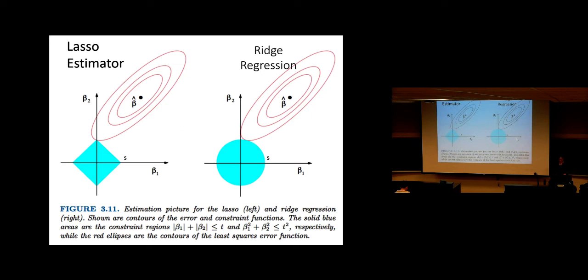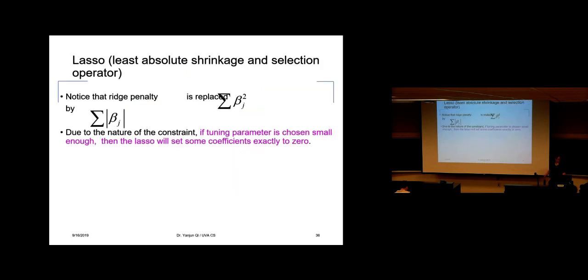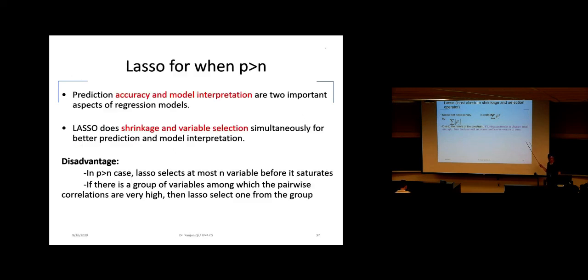With a good tuning parameter on the lasso, you can push some of the beta coefficients to 0. That gives the feature selection functionality. Especially for the case where p is larger than n, where you have so many features, even more than samples, lasso is a very good choice.